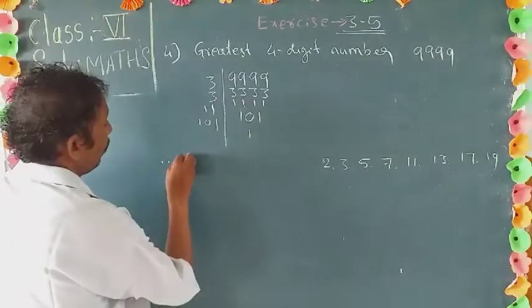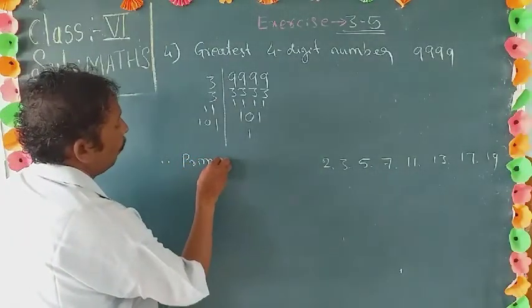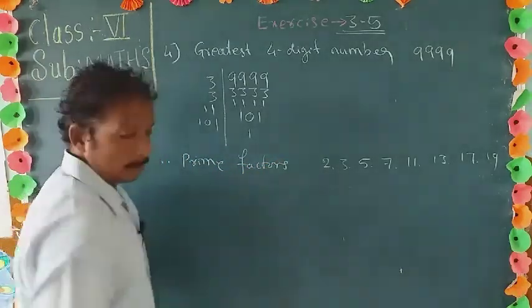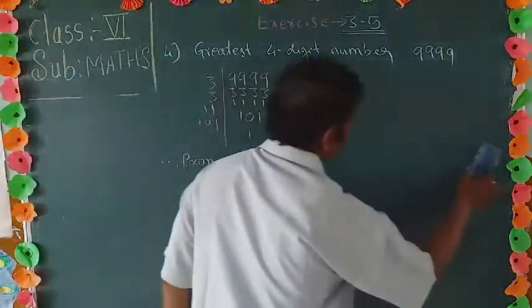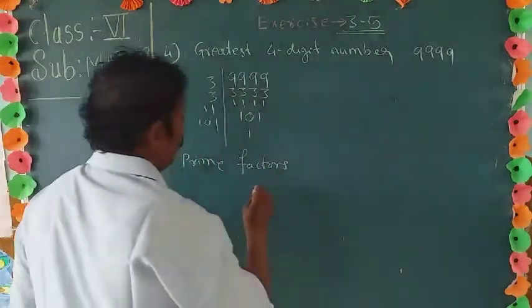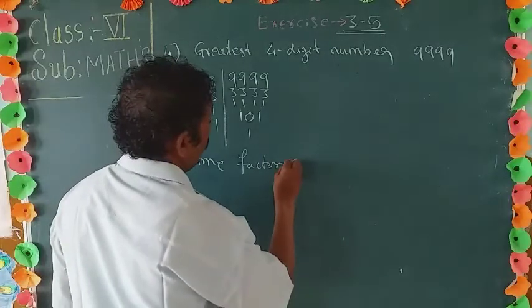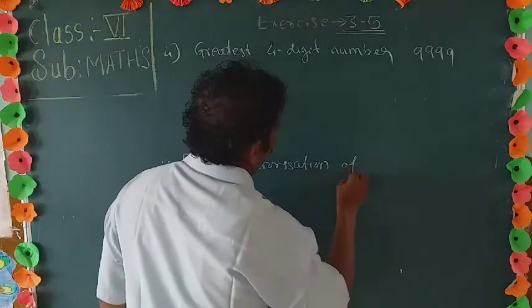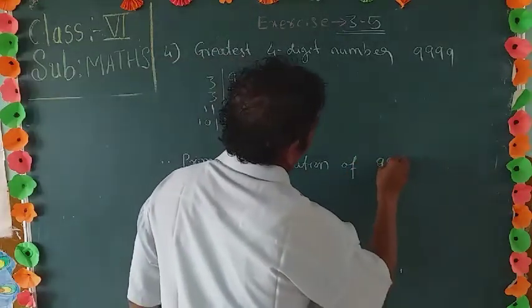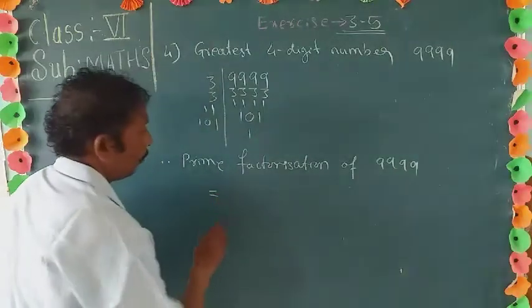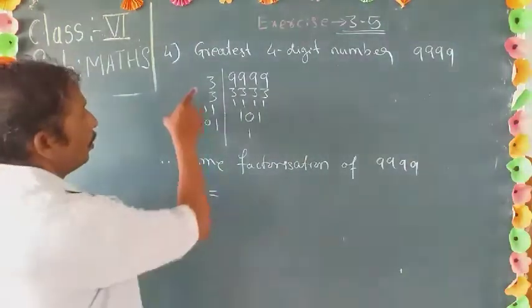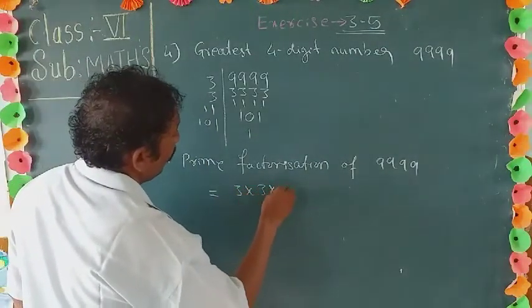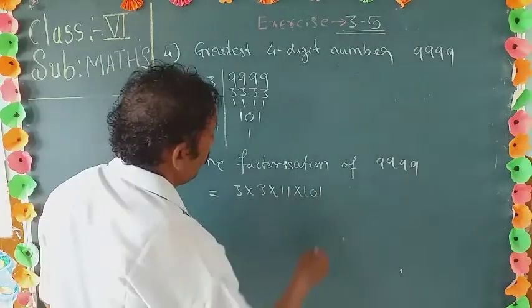Therefore, the prime factorization of 9999 is equal to 3 into 3 into 11 into 101.